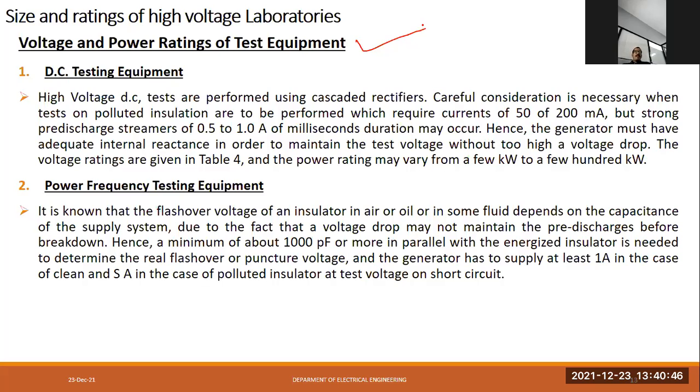Now we'll understand the DC testing equipment. What does DC testing equipment mean? As we know, DC testing uses equipment that converts alternating current into DC, that is, rectifiers. If I want a very small voltage, I can just convert that small AC voltage to DC using a rectifier.